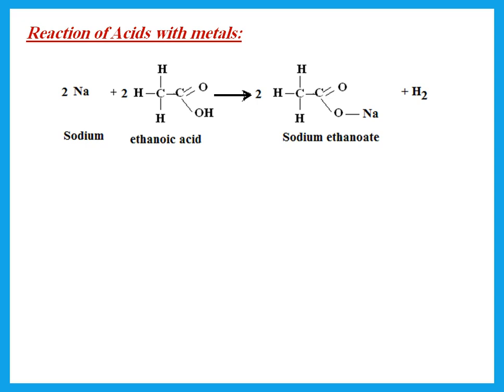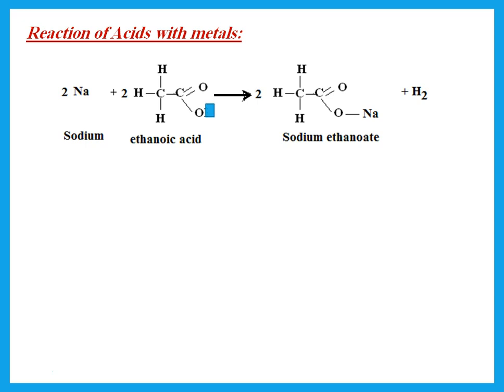Now remember that for the carboxylic acid, we remove the H of the COOH. So if I'm reacting with Na, we remove the H of the COOH and put Na. In that case, the product is called sodium ethanoate. If it's starting from ethanoic acid, then my product is sodium ethanoate plus hydrogen.